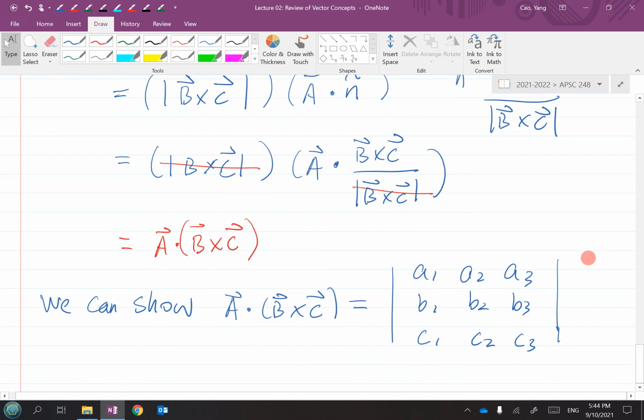If you want to show it yourself, you can calculate this, no problem at all. It's not a big deal, just a little computationally cumbersome.